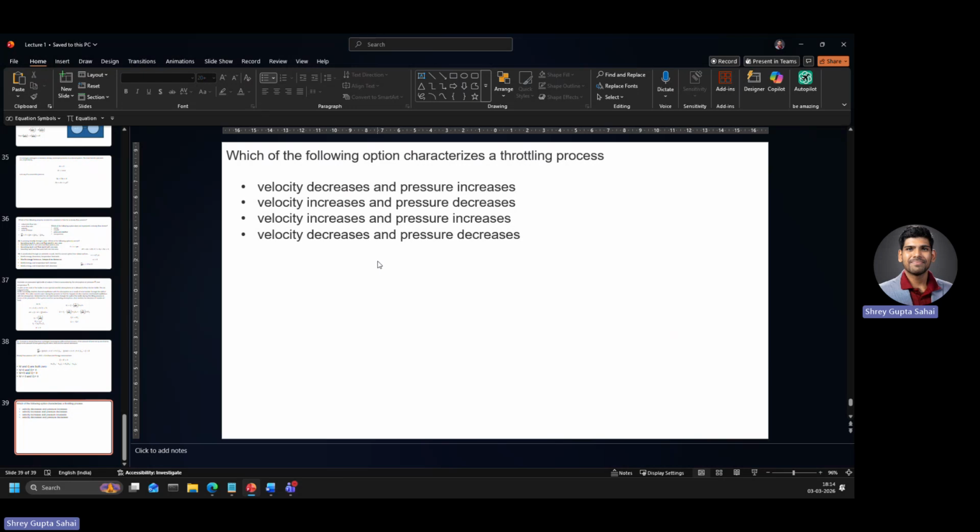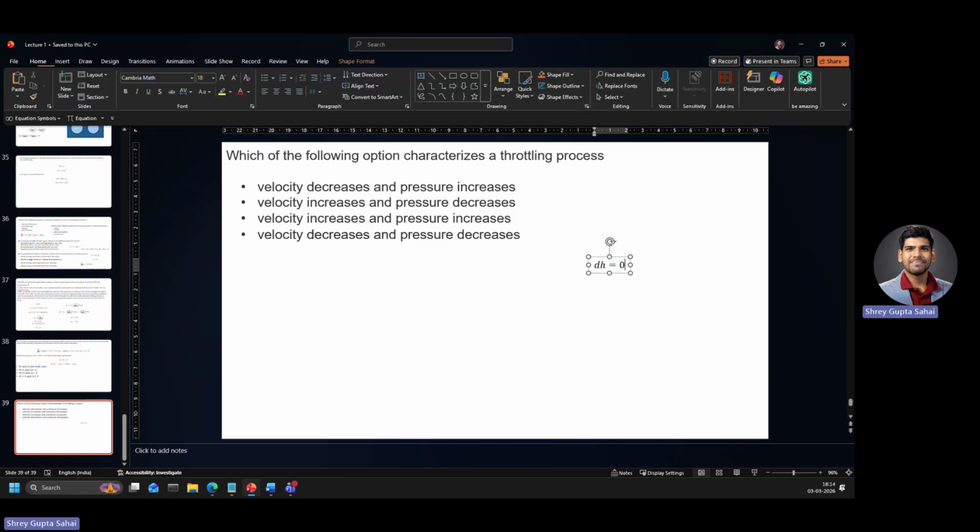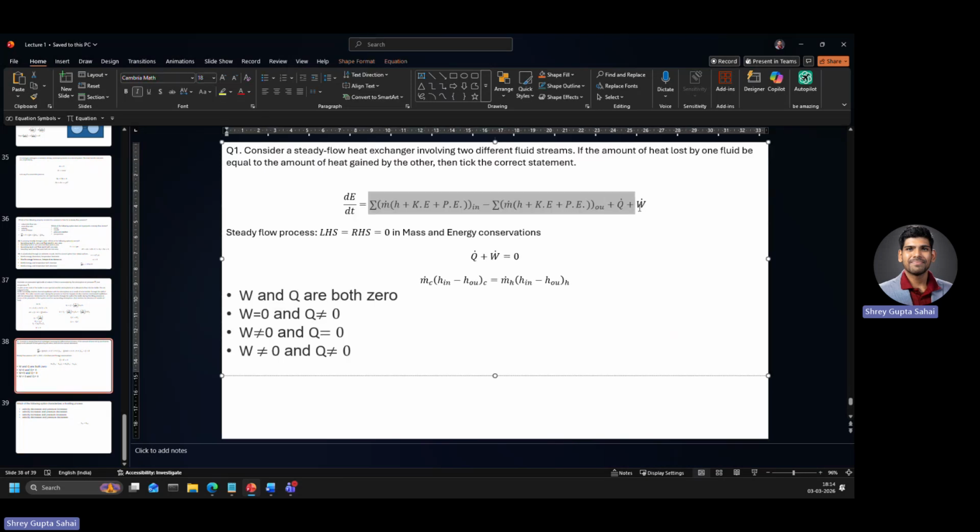But anyways, throttling processes are defined, note that I'm using the word defined here, as dH is zero. So the flowing stream will observe this kind of behavior, that its inlet enthalpy will be equal to outlet enthalpy. The idea behind it is, as you saw, I wrote this equation.